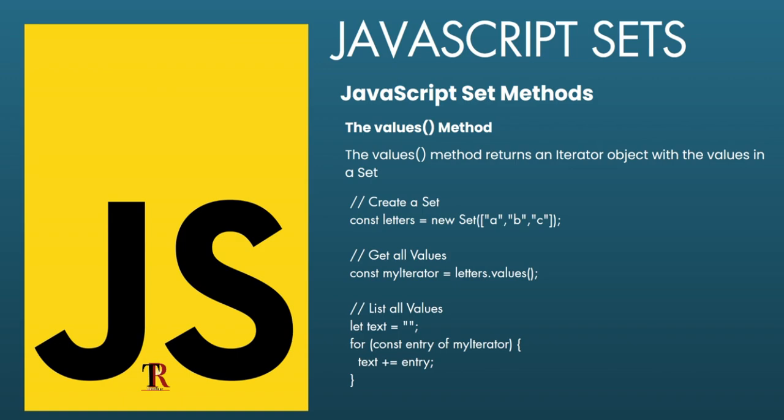And you can see that in this particular topic as well, we still made use of the for of loop in order to get out our values in a set. So the for of loop is a very useful and important concept for both arrays and sets, as you can see that it allows us to iterate over each element and then get an output in our code or in our browser.